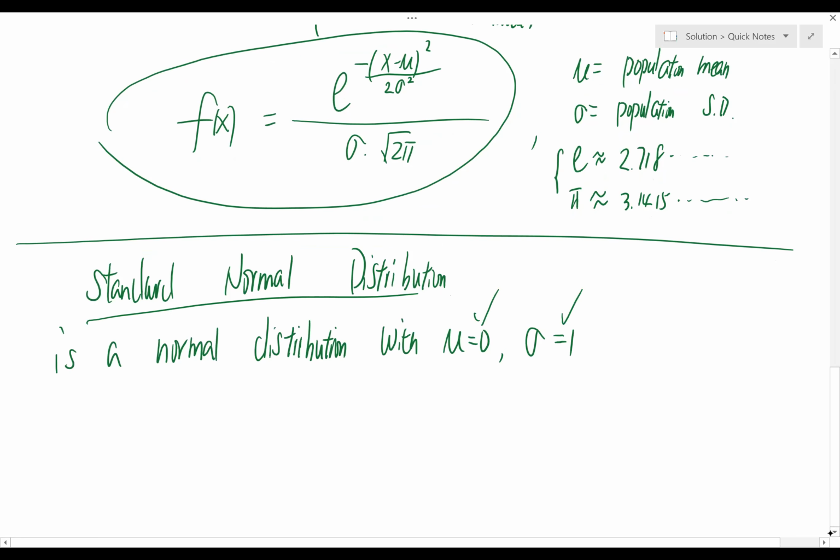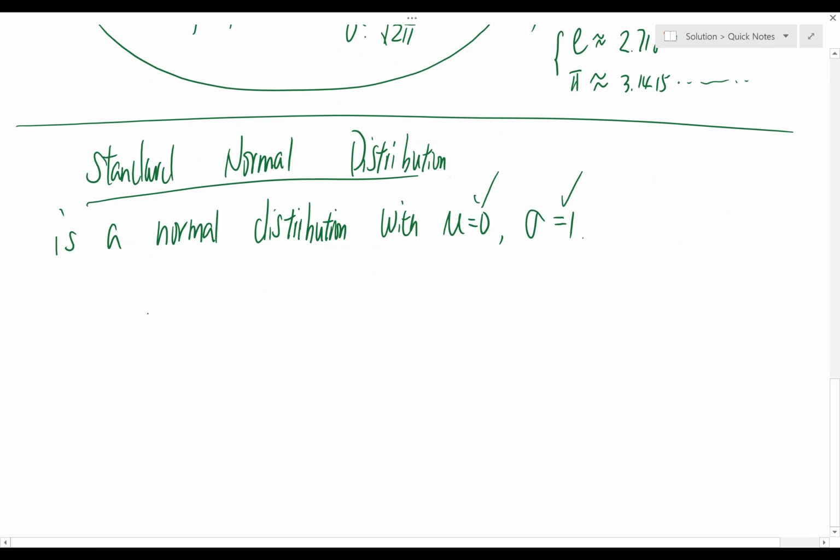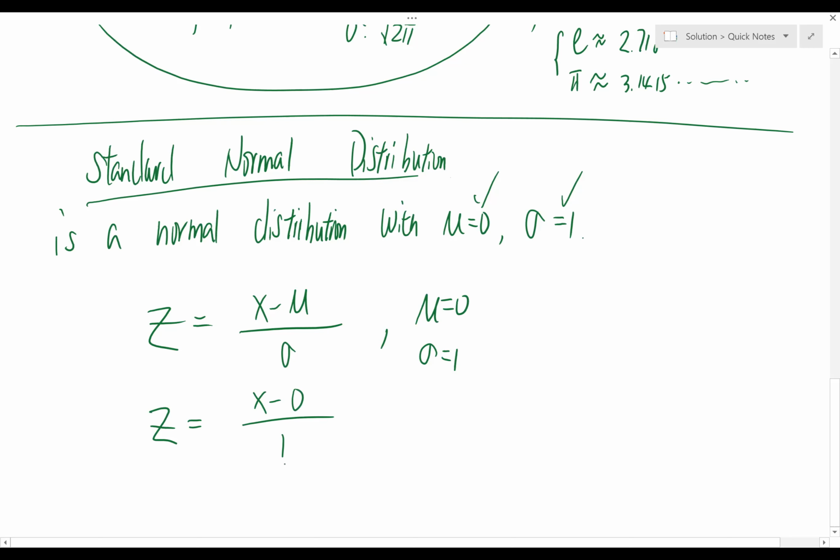Now if you look at the z-score formula, x minus mu over sigma. For the standard normal distribution, mu is equal to 0 and sigma is equal to 1. If you plug both numbers into the formula, the z-score is x minus 0 over 1. x minus 0 is x, over 1 is just x.